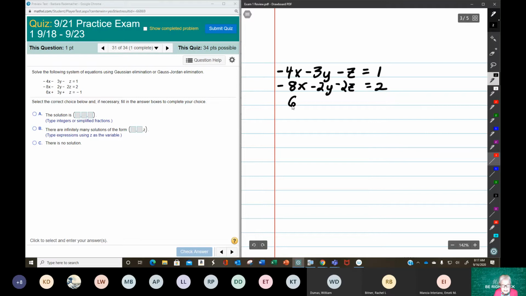And 6x plus 3y plus z, 1z. So I'm going to actually write the 1 and put the 1 up here. Equals negative 1.